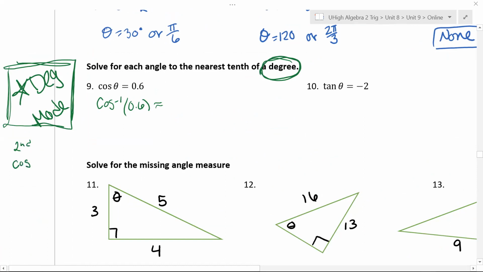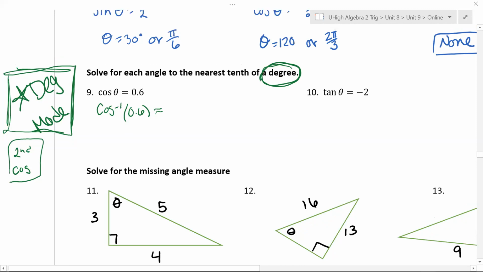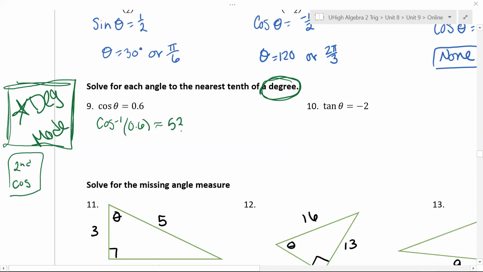So second cosine is going to give you your inverse cosine. It should pop up with something similar to what we have written here. Then you're going to put in 0.6, and you should get approximately 53.1 degrees.